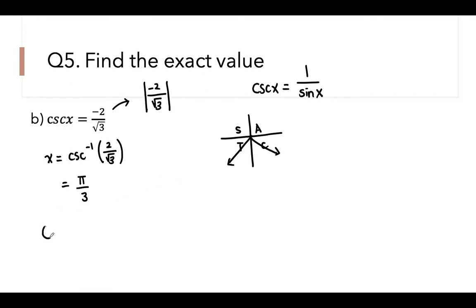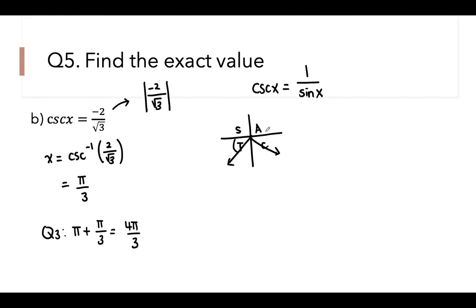So let's do quadrant 3. In quadrant 3, again, this is pi over 3. So to find the whole angle, it is pi plus pi over 3. And that will give me 4 pi over 3.